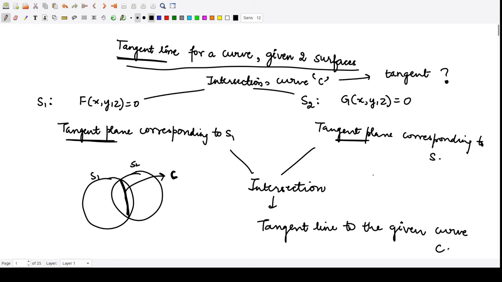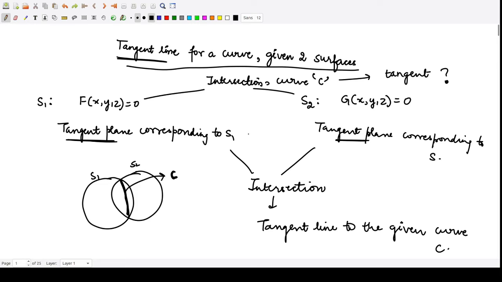Because if you have two planes, one plane is this one, another plane is this one, their intersection would simply be a line, right? The intersection of two planes would simply be a line.